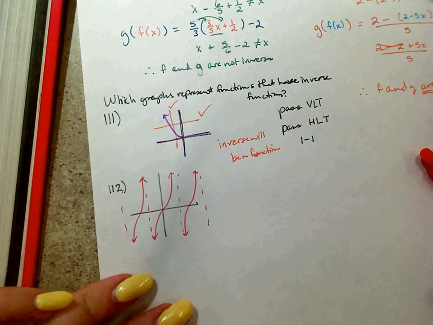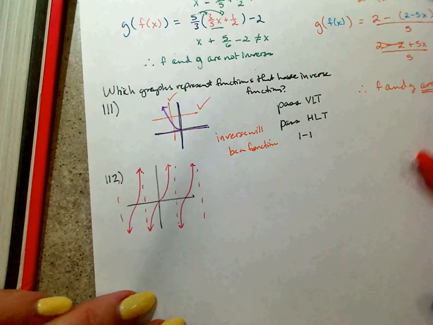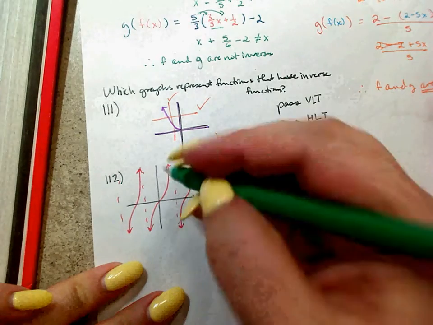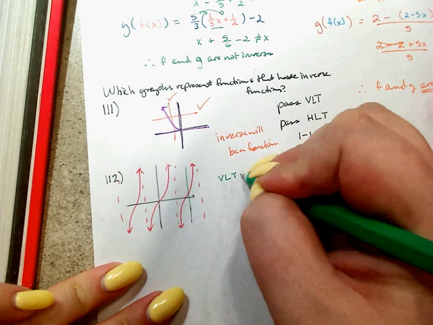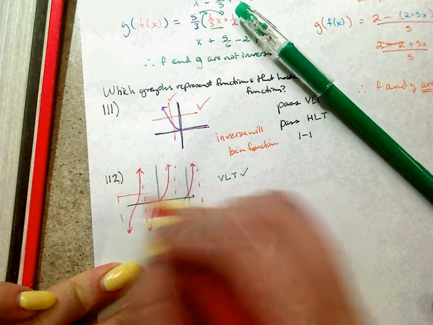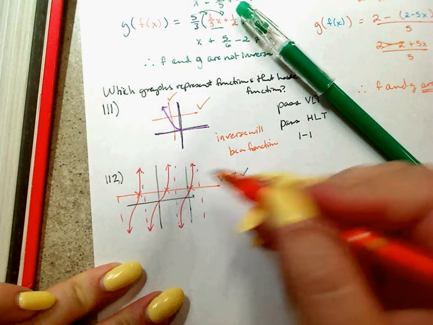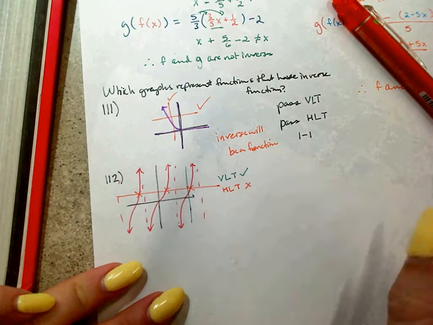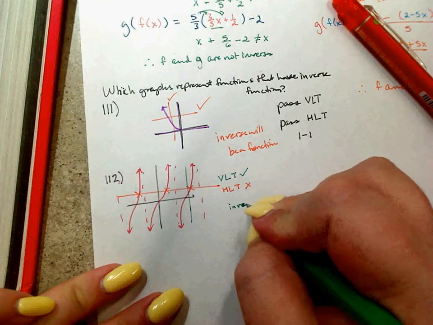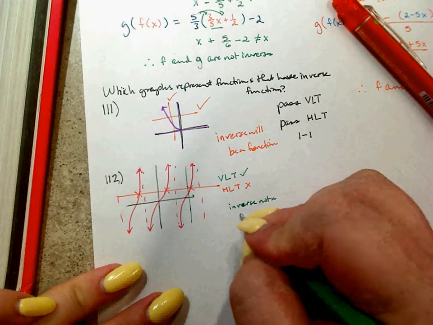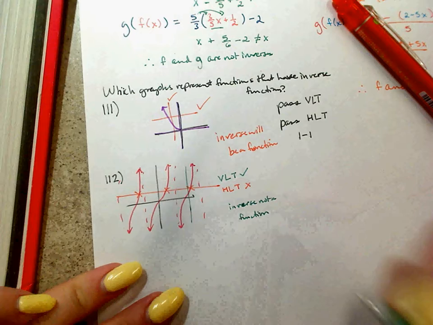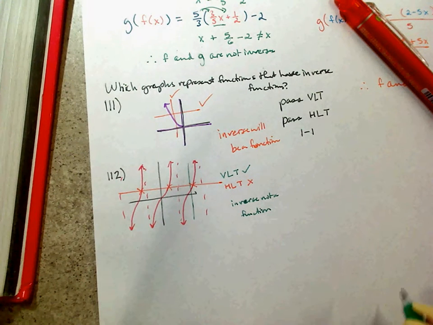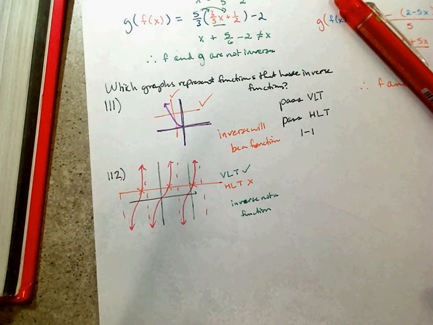But anyway, as far as tests go, it does pass the vertical line test. Vertical line test, check. But horizontal line test, it fails. So the inverse will not be a function. Now that doesn't mean we don't have the inverse to a tangent. We can actually graph an inverse tangent, but we have to restrict the domain of the original.